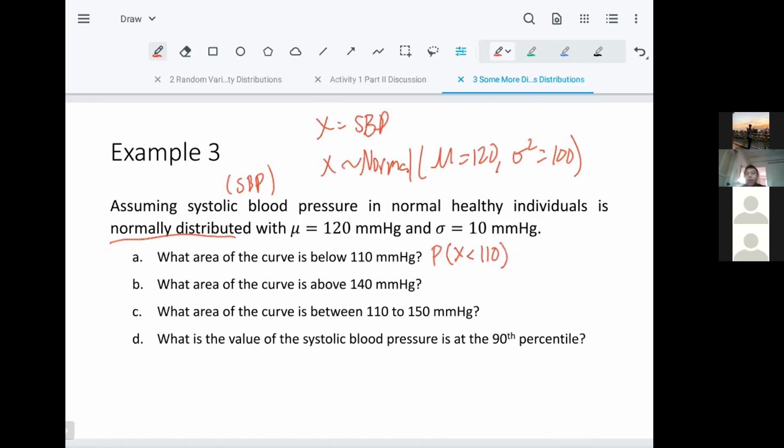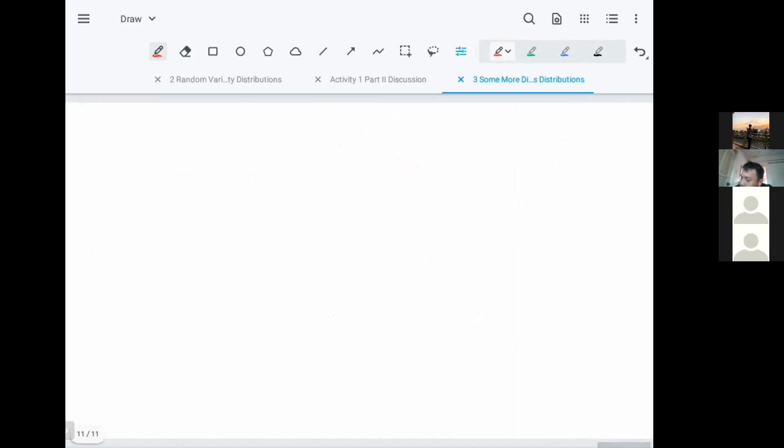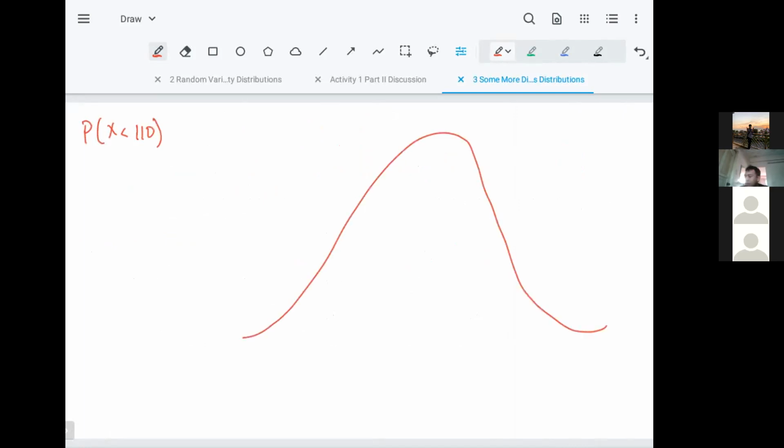Again, it's an area problem. So let's solve it. We set it up first, P of X less than 110. You may or may not draw. I find it helpful when teaching to draw. So we know that X is normally distributed, follows a bell curve distribution, where the middle part is the mean, 120. So we know that 110 is somewhere here.